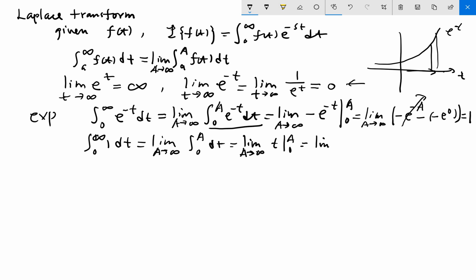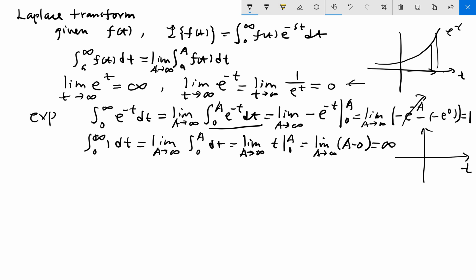Replace t by a, you get a minus 0. As a goes to infinity, this goes to infinity. So this limit diverges. Therefore, this improper integral diverges. We should know that the result is obvious.